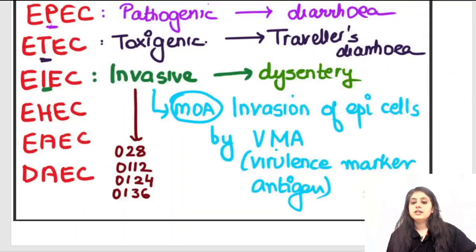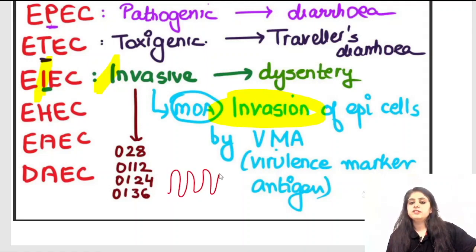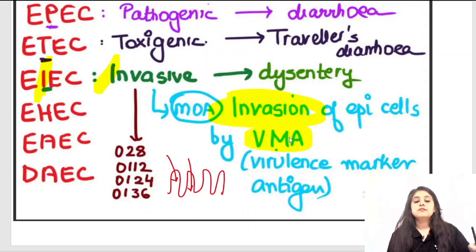Coming to the next, we have something called EIEC. Very simple, enteroinvasive. This bacteria is going to invade into the cells. How can something invade into the cells? It must have a lot of virulence. This means invasion is going to occur by VMA, virulence marker antigen, and if it has invaded, it's going to cause bleeding.